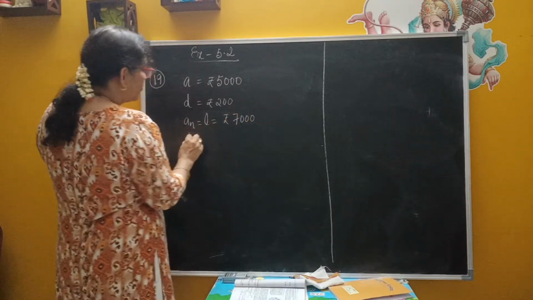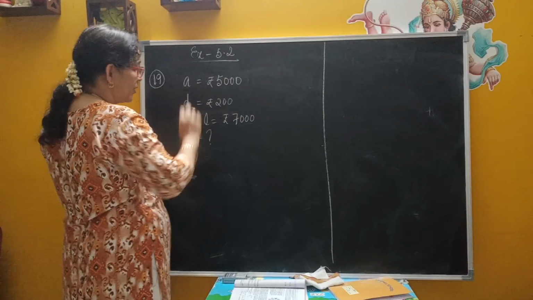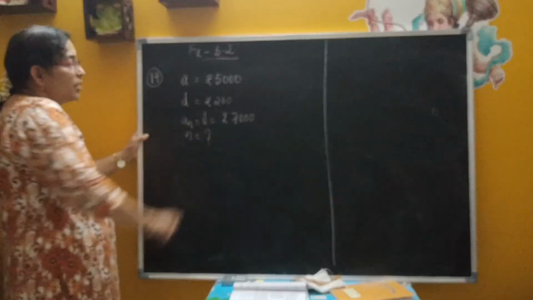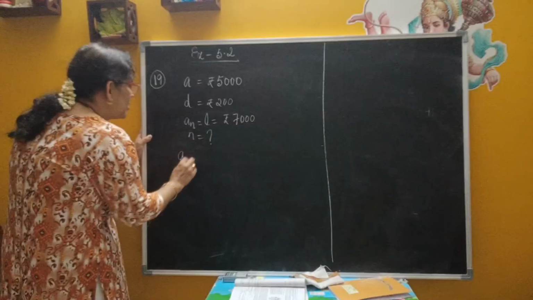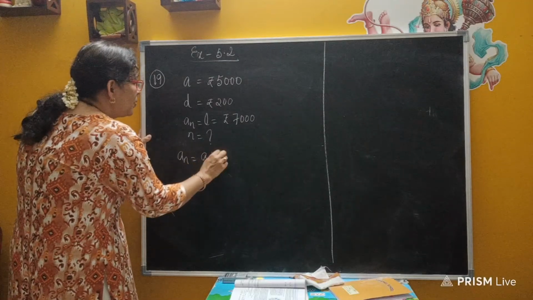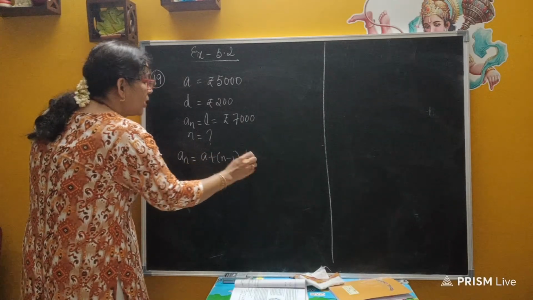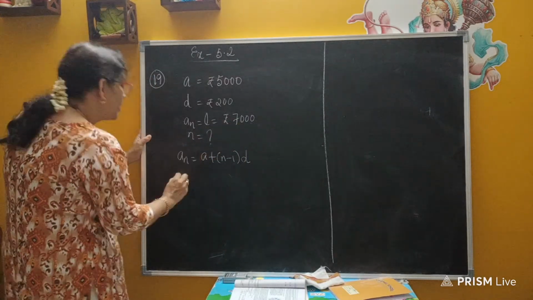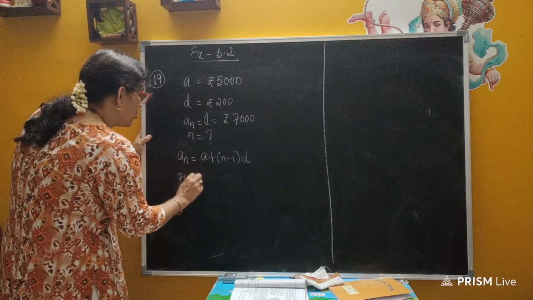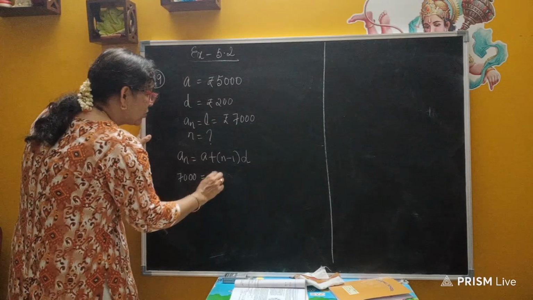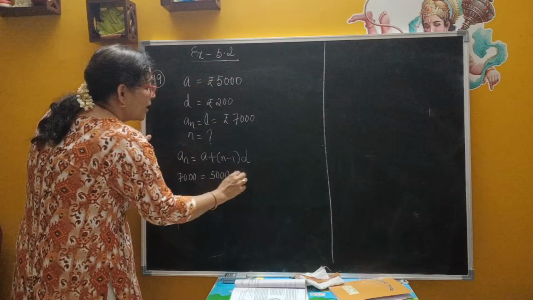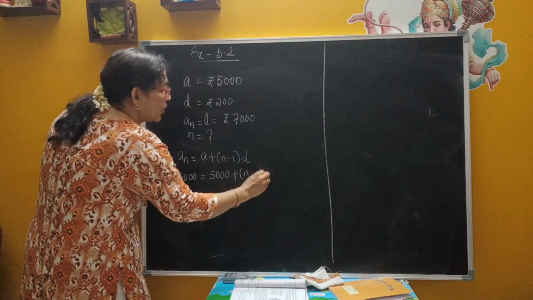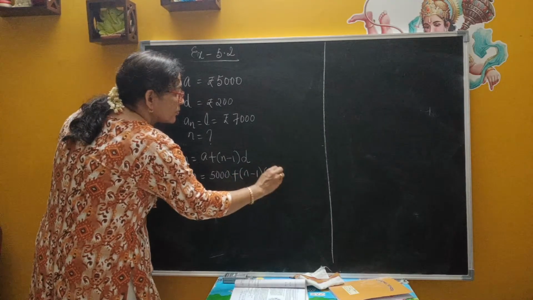And we are asked to find the value of n. Okay, so let us substitute. an is equal to a plus n minus 1 into d. So 7,000 is equal to 5,000 plus n minus 1 into 200.